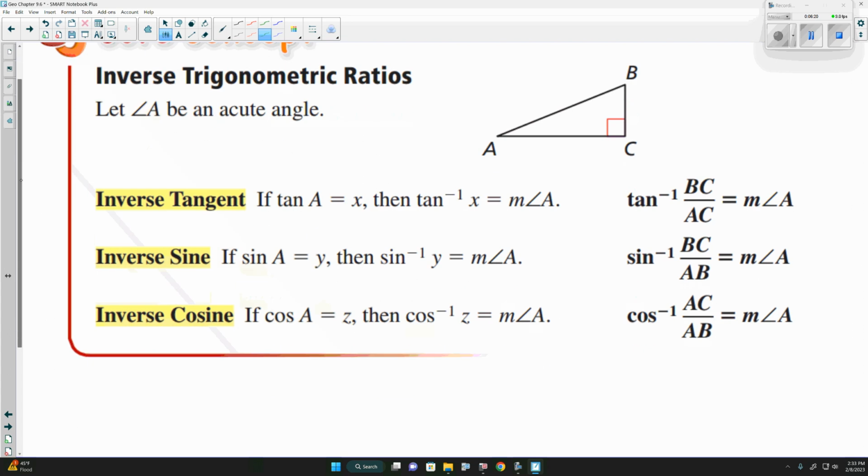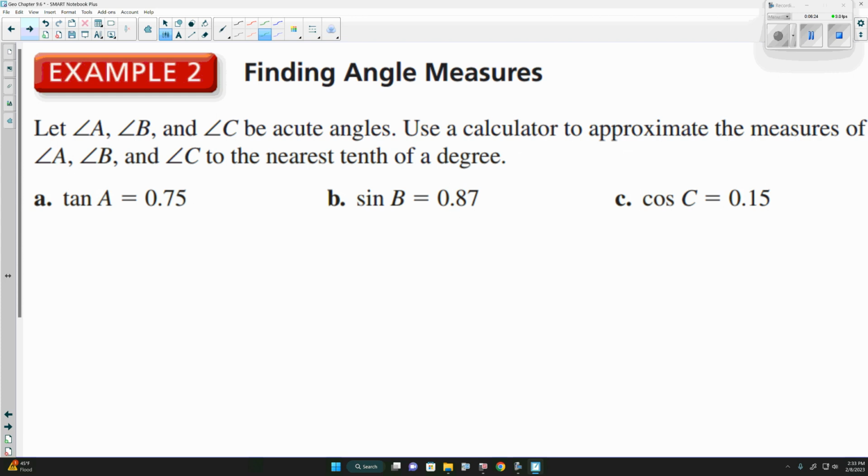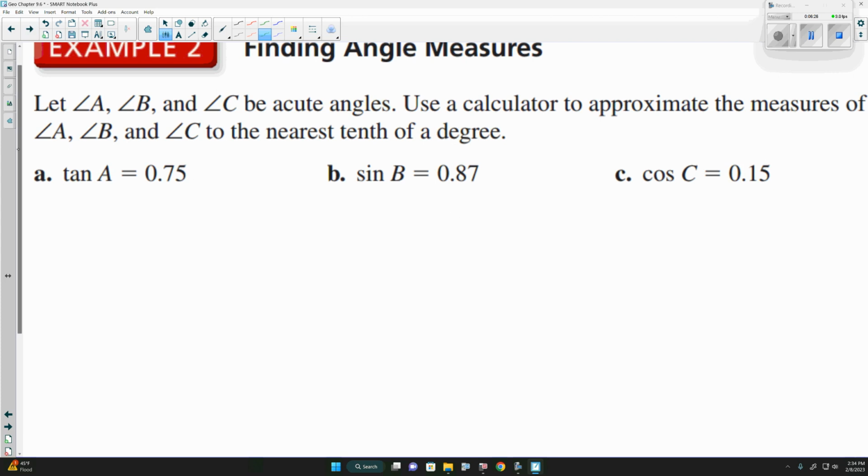We can use this inverse function to undo sine, cosine, and tangent. The reason this is helpful, without going too much into the definitions, is that if I want to find the angle A, so for tangent of A equal to 0.75, I want to know what angle gives us that tangent value, and I can use its inverse.